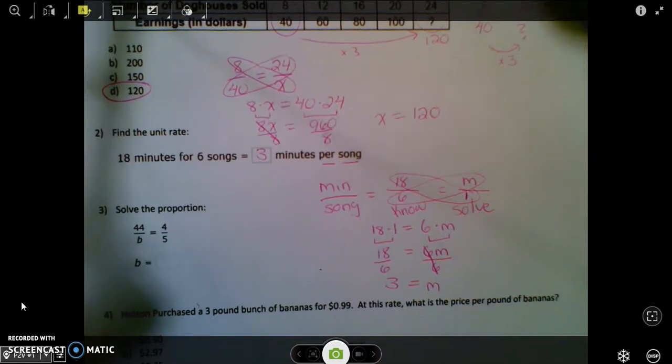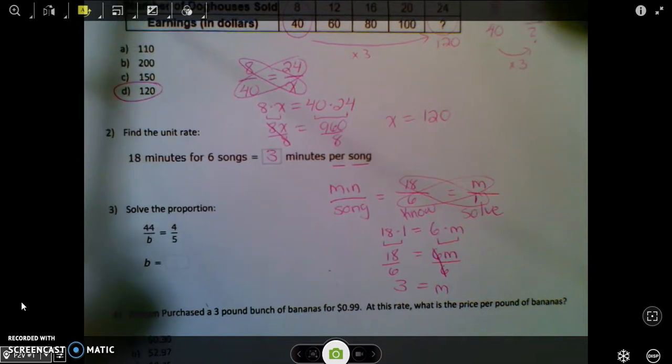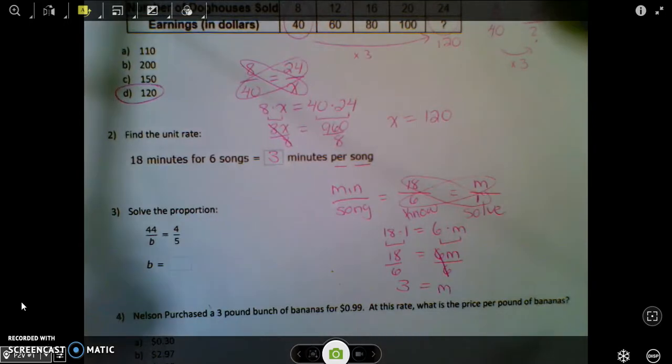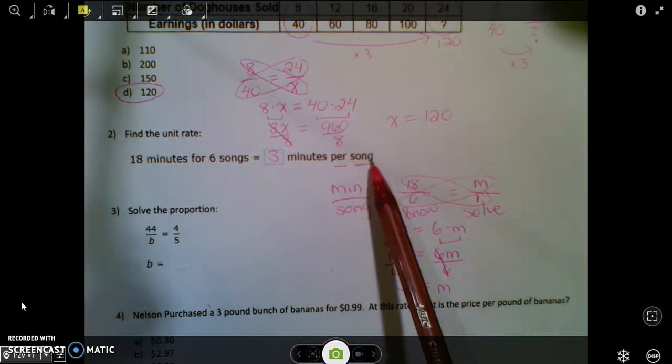Now, anytime you're dealing with unit rate, as you may have noticed in some other problems that we've done, if you just take those 2 units that you're working with, and this says minutes first, per song is second, follow that same order just like you do with any other ratio.